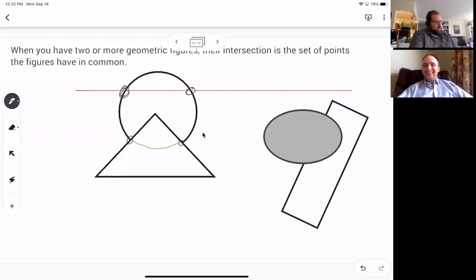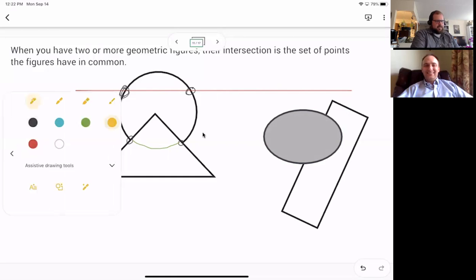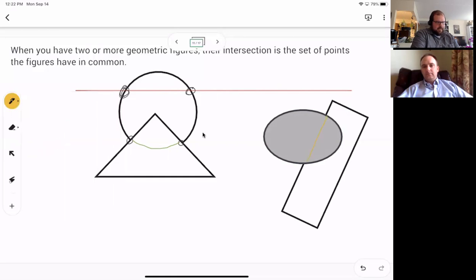And instead we were talking about these things not as line drawings, but as 2-dimensional objects. Suddenly the intersection of this box and this oval is going to become that whole shaded part that I just shaded in yellow. You're saying the white rectangle and the gray oval intersect in that lovely yellow shade. They do.